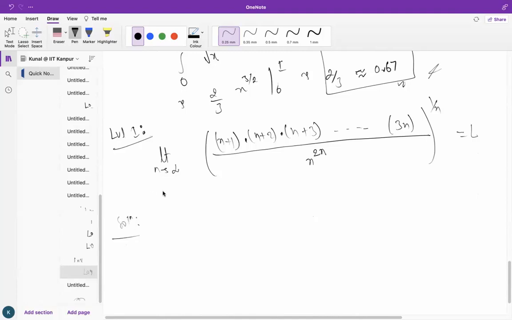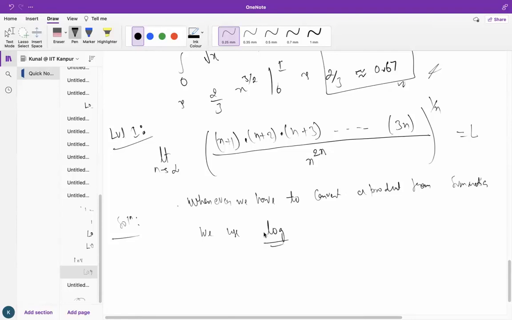Look, we already learned something when we were solving definite integrals, I think in lecture number three or four. Whenever we have to convert a product into a summation, we use log.